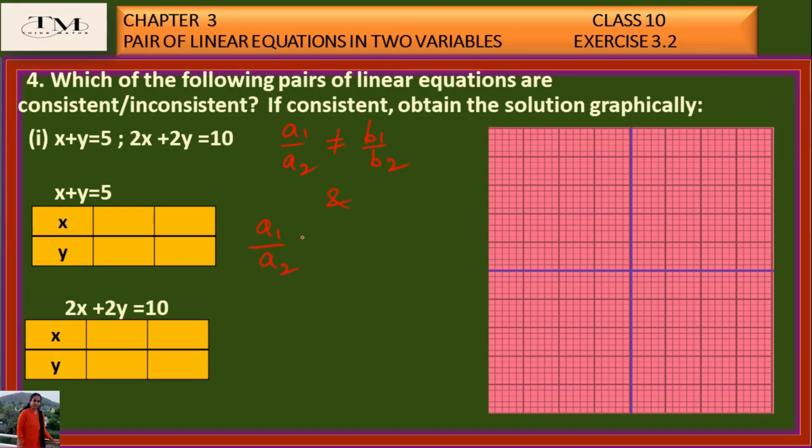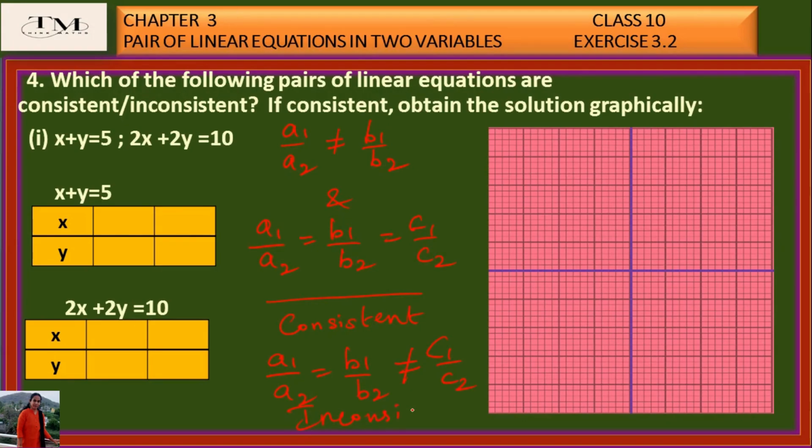For both these conditions, the pair of linear equations are consistent. Okay, so suppose A1 by A2 is equal to B1 by B2, but it is not equal to C1 by C2. Then it is inconsistent.